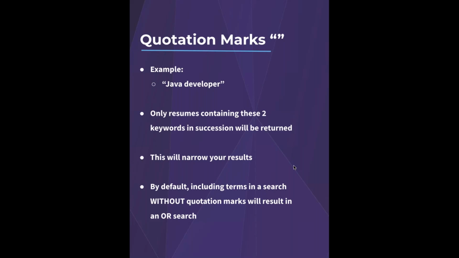With CATS, if I were to just type in Java developer without any quotes, that's going to be an or search. So if it includes Java or developer, that's going to come through. It's not an and. I know there's some systems out there potentially where the default is an and. With CATS, the default is an or. So something to keep in mind.